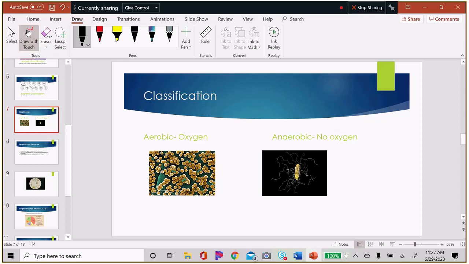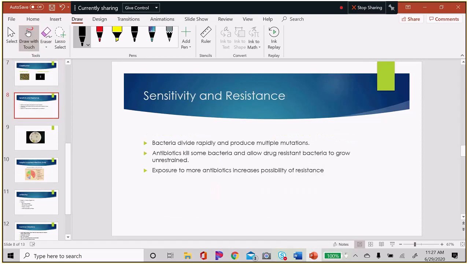So obviously that's a little more dangerous because they don't actually require us to be alive necessarily to grow. So you kind of use that information, the gram stain, the shape, the way it metabolizes, and that helps the pathologist or the person looking at those slides classify what type of bacteria it is.